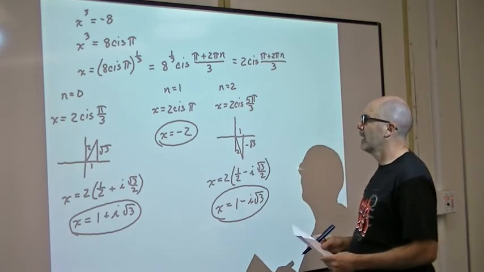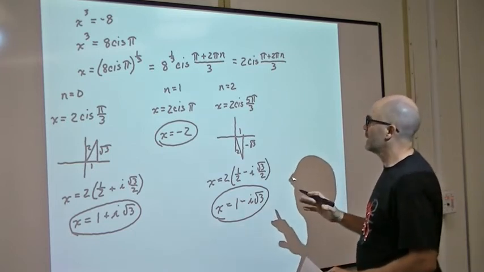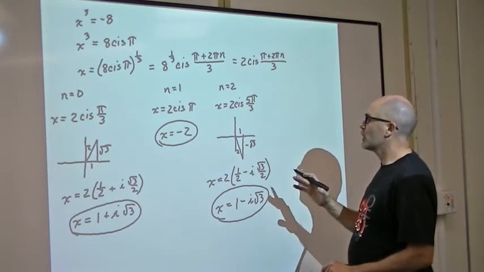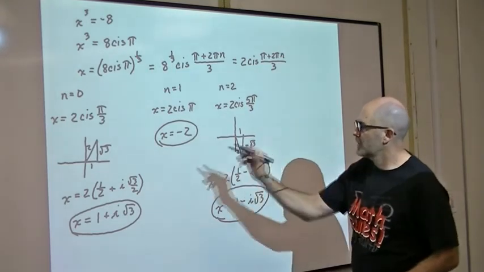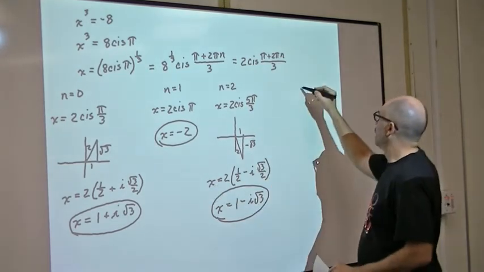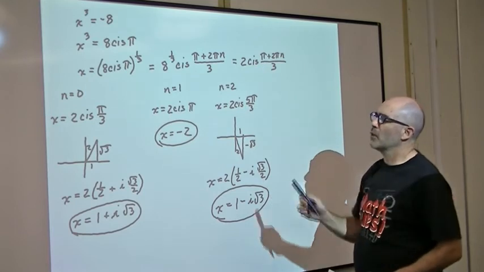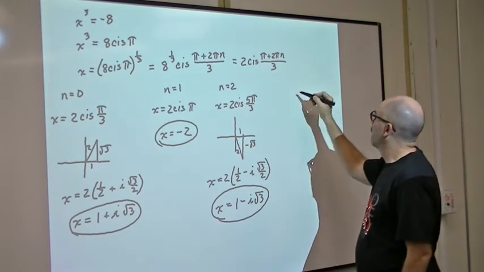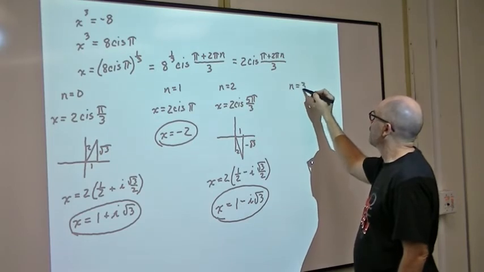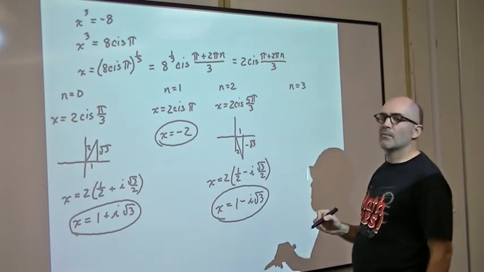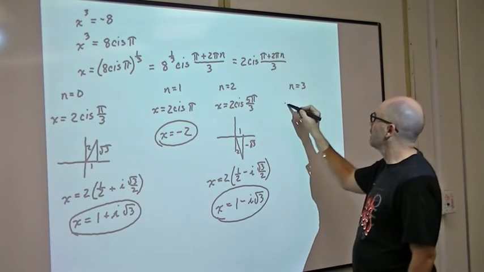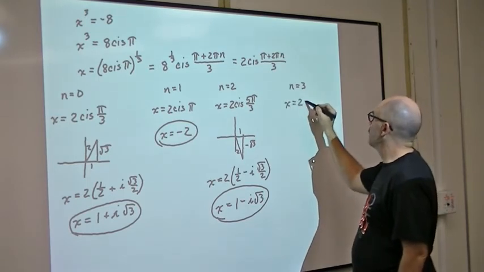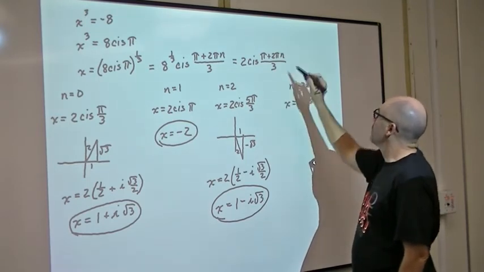Now, I want you to see something interesting here. Before we graph these 3 points, let's do one more thing. I just want to confirm for you, if we go one more, watch what happens. x equals 2 cis. Now put a 3 in.